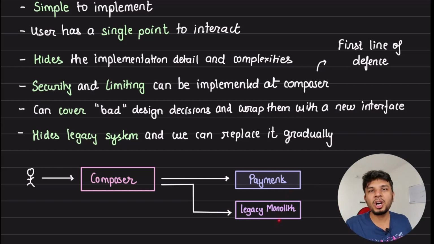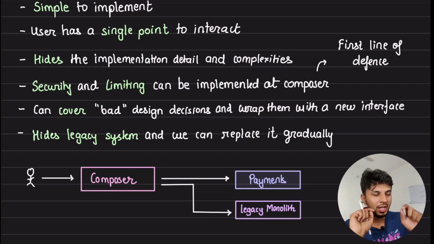Let's say your payments microservice. The response is not ideal, not very good for your client. But then you made that bad design decision, and now something needs to change. Your front-end team is saying, hey, we can't work with this kind of response. We want a simpler response so that it's easy for us to render the interface. Now, your bad design decision cannot percolate to your front-end team.